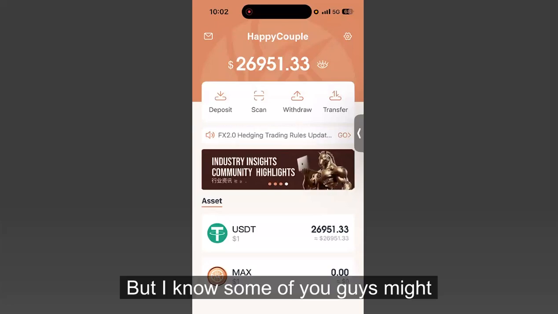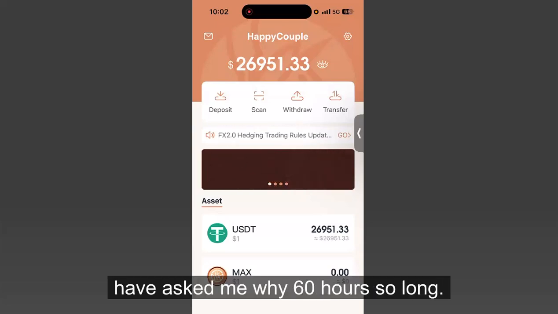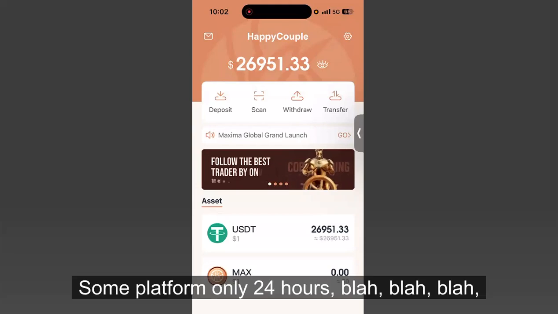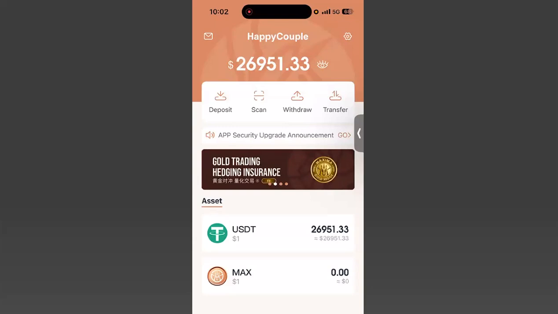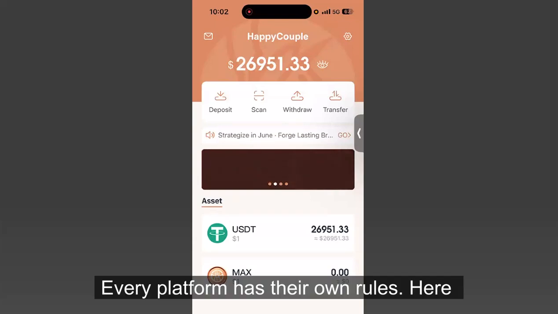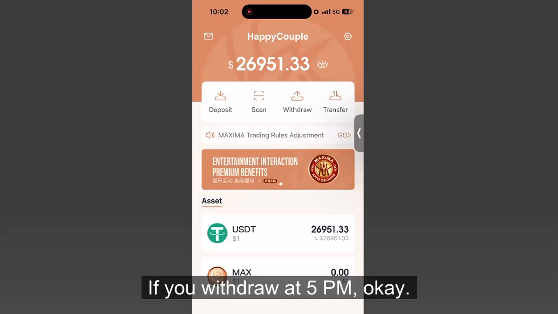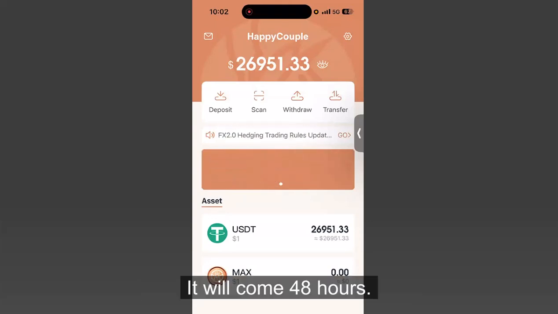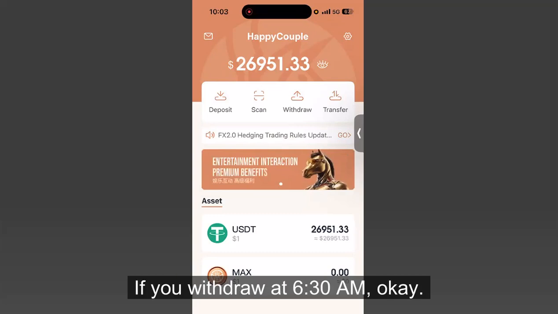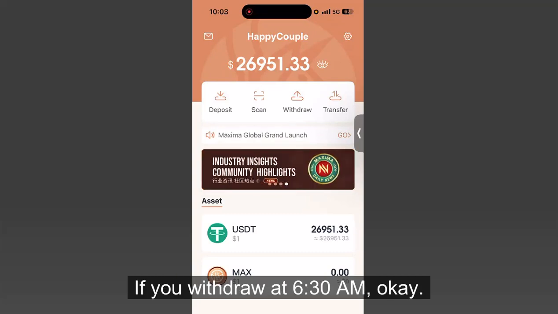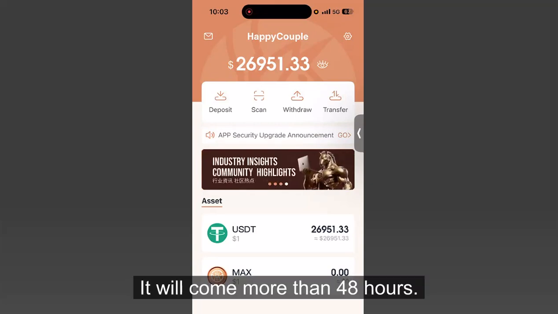Okay, but I know some of you might have asked me, why 60 hours so long? Some platforms only 24 hours, and so on. Okay, every platform has their own rules. Here, 48 to 60. If you withdraw at 5 p.m., it will come in 48 hours. If you withdraw at 6:30 a.m., it will come more than 48 hours.